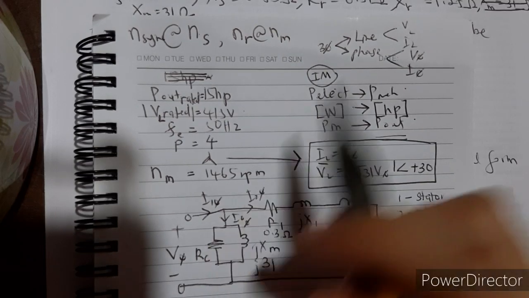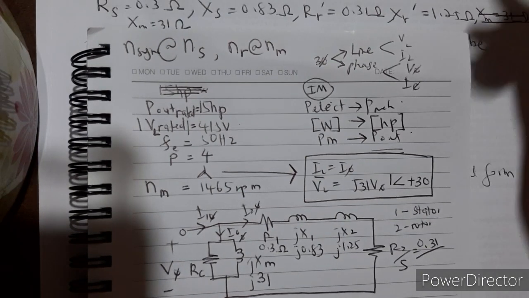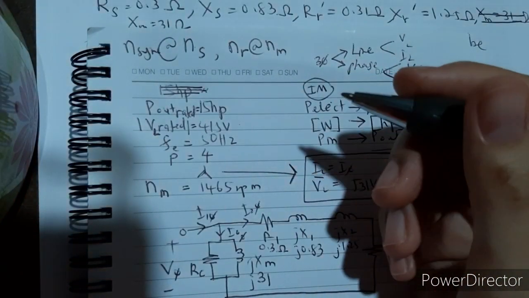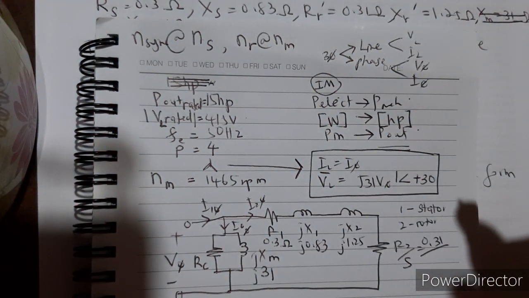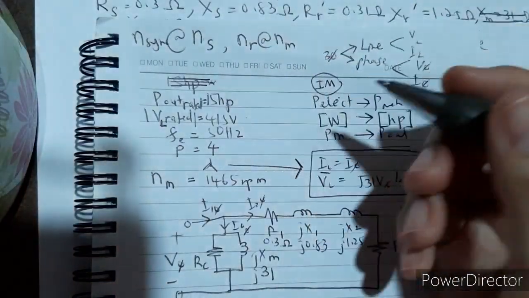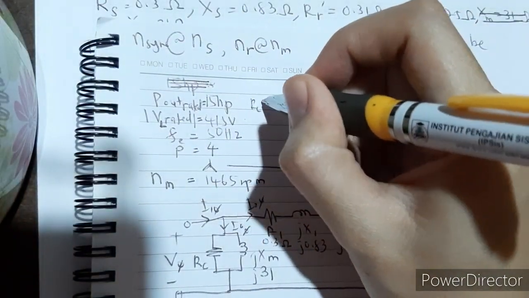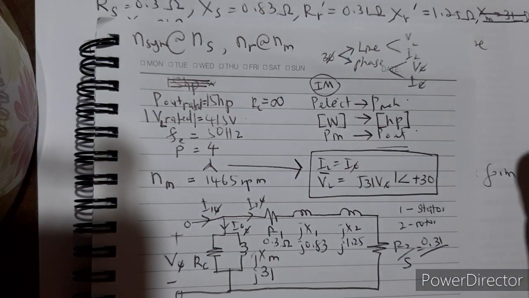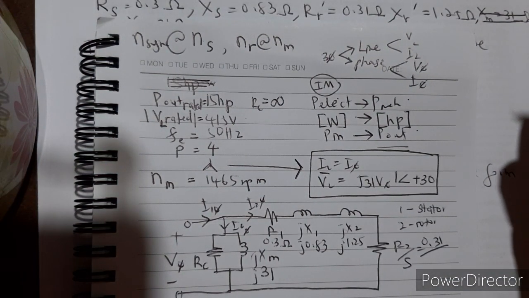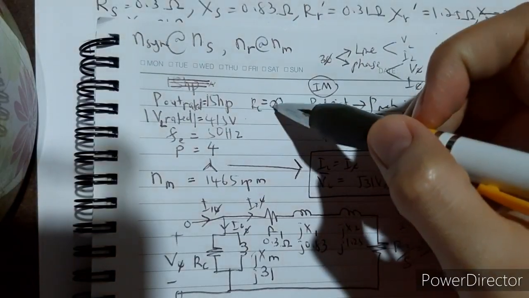So in this case, we can assume that RC is not equal to 0, but we can assume that RC, write down here, equal to infinity, because we know that RC is the resistance of the core, and that core is not a conductor, so the resistance is very high, very big. So if it's not given, we assume it as infinity.